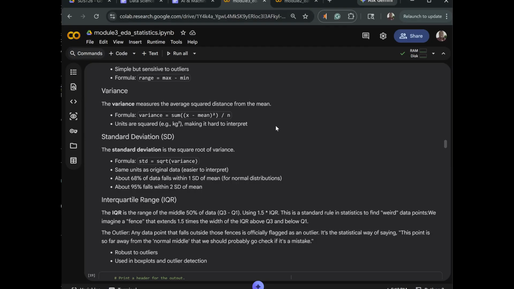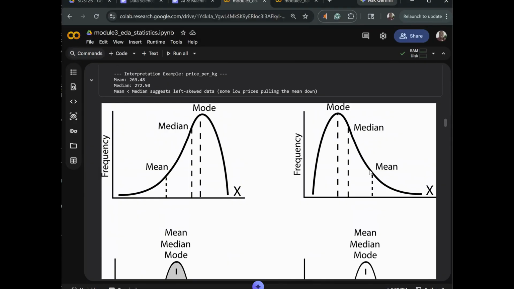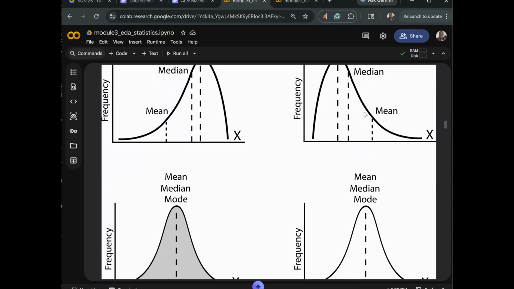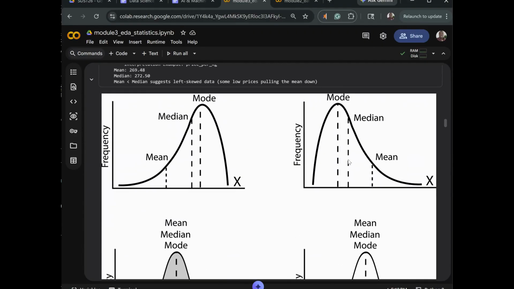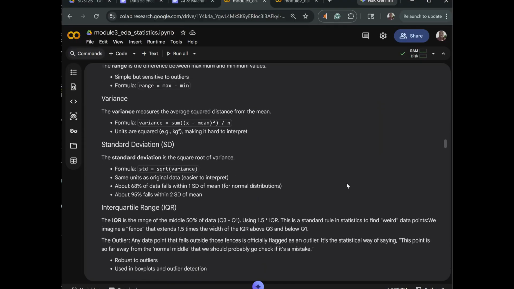If you have a very high variance, that means we have some numbers that are extremely high or extremely low, causing a distortion that makes our mean go further away from the middle of the distribution, as we see in this diagram here. So there's a high variance here. That means some numbers are pulling the mean away from the center of this distribution.